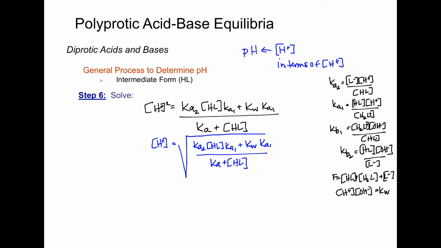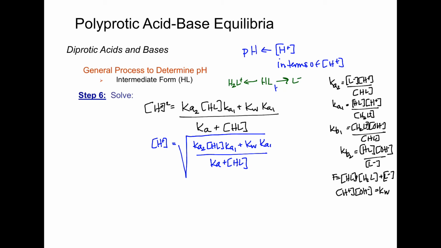Another thing that I want us to keep in mind is that in the very beginning of the problem, we had some numbers that told us about the relative equilibrium here. At the very beginning of this problem, it said that acting as an acid, and that would be the Ka2 for the reaction.